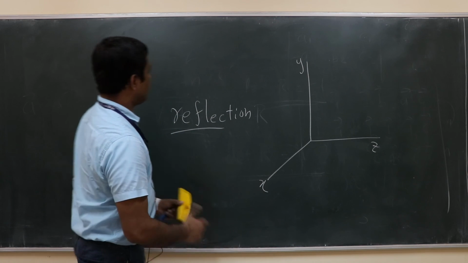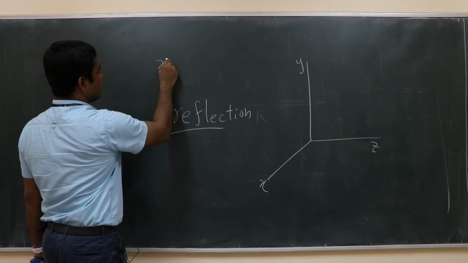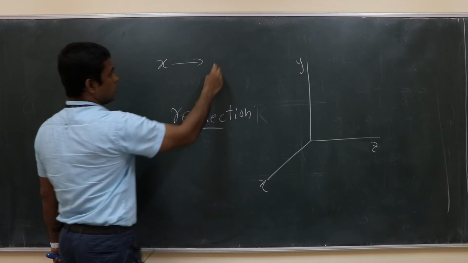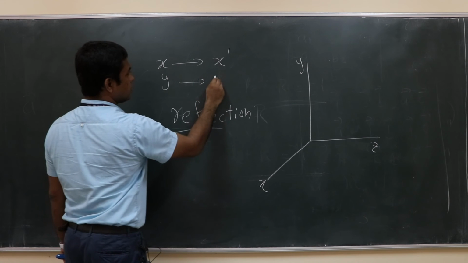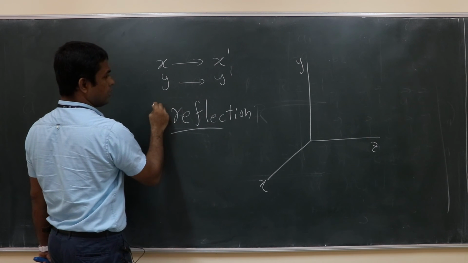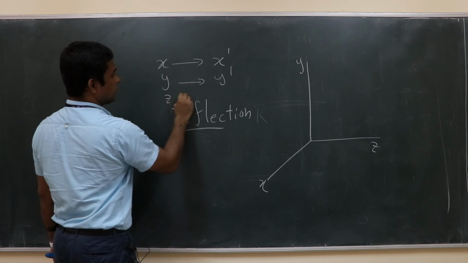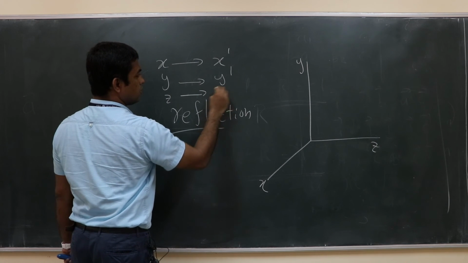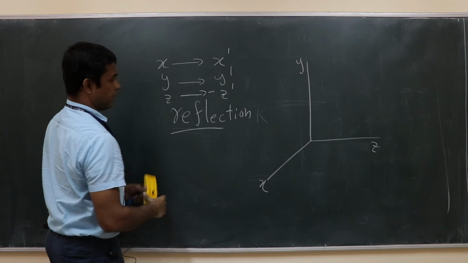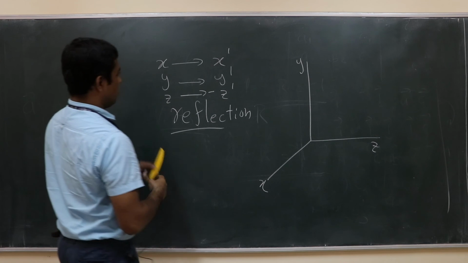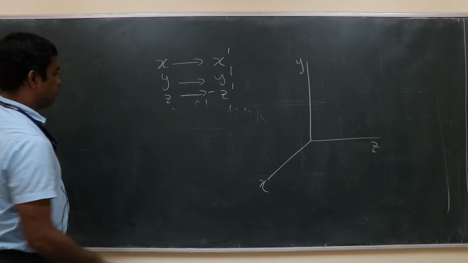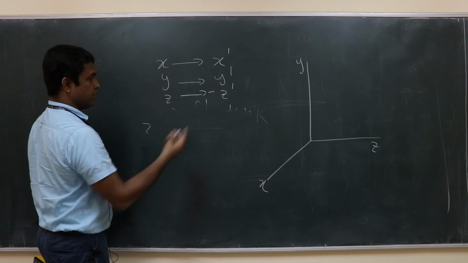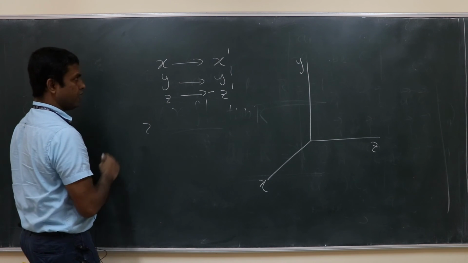What will happen to the point? x goes to x prime, y goes to y prime, and z goes to minus z prime. Or you can say z prime is equal to minus z, and y prime is equal to y.